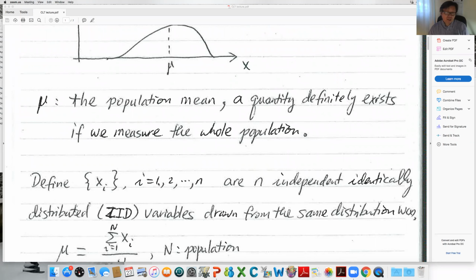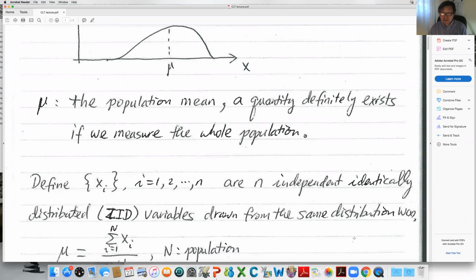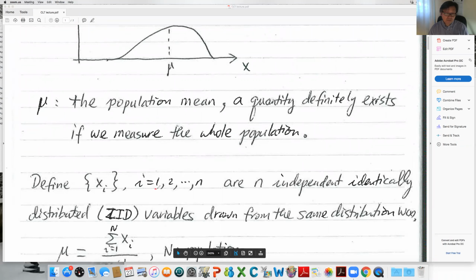So that means every sample I take is a random sample. So if I take the first person, and then I take the second person, my first person would be from this distribution, okay? I randomly take one of them.